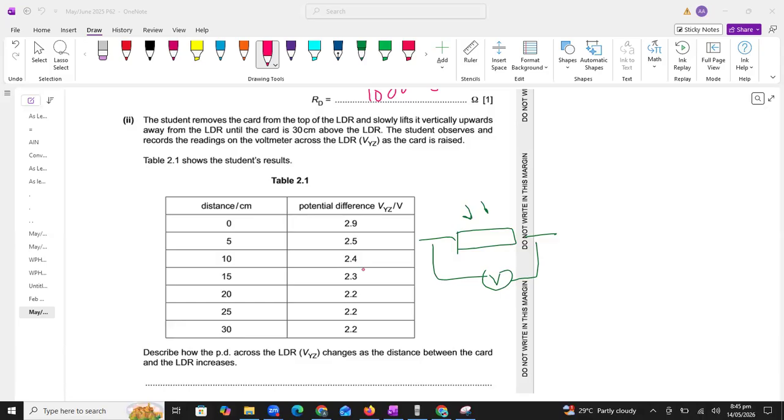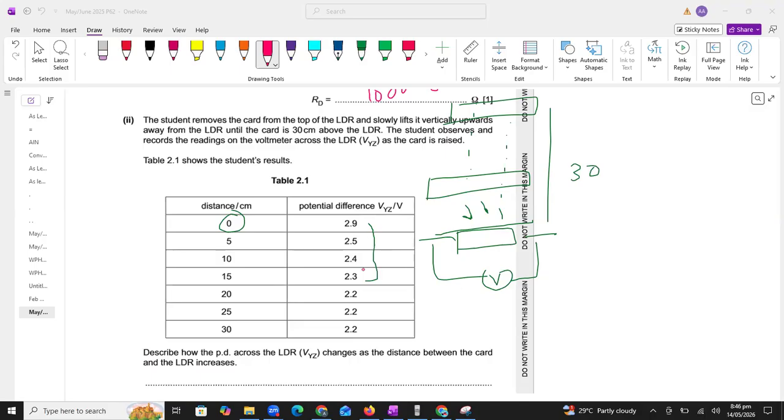The student is raising the card slowly and gradually in the upward direction. Initially the card was on the LDR, so the distance between the LDR and card is 0 centimeter, and slowly we raise the card till the height reaches 30 centimeter. Now you can see the change in the potential difference till 15 centimeter.